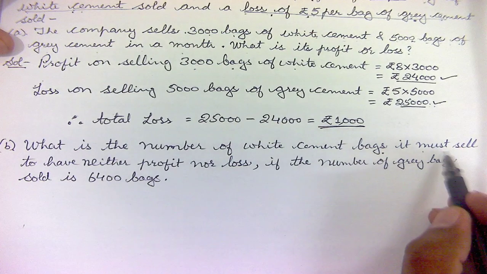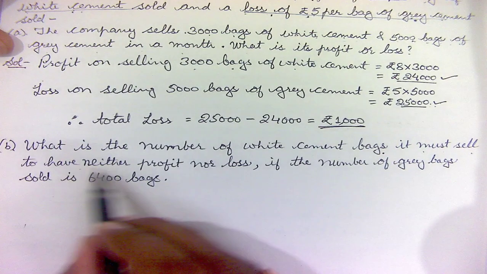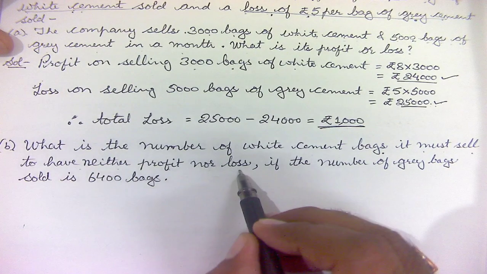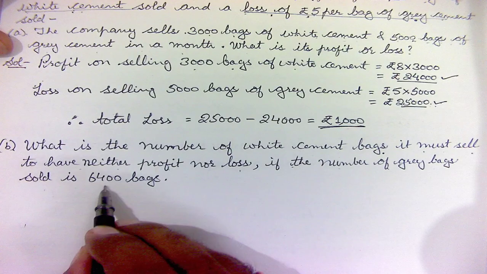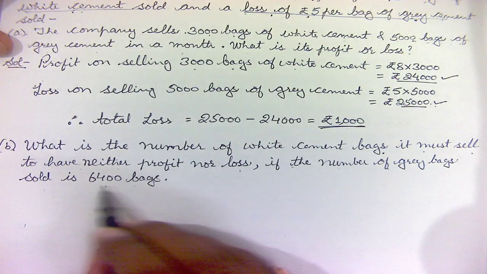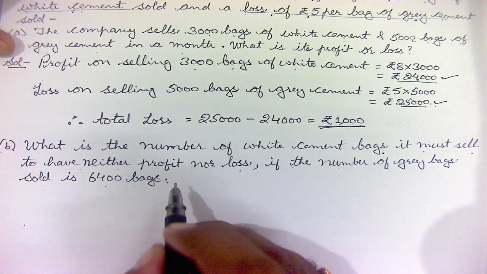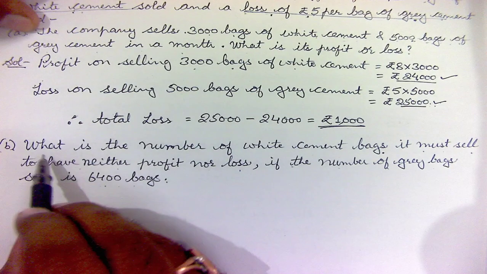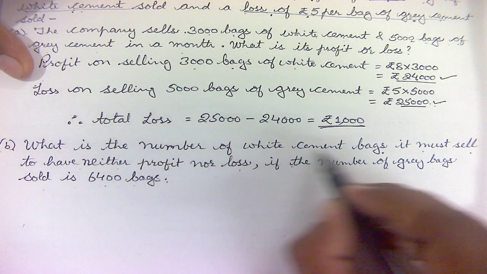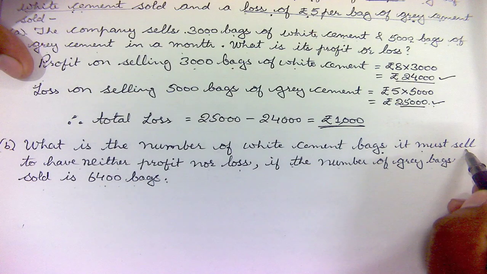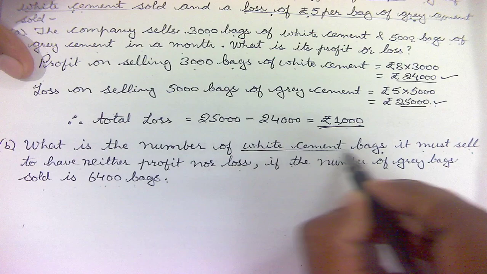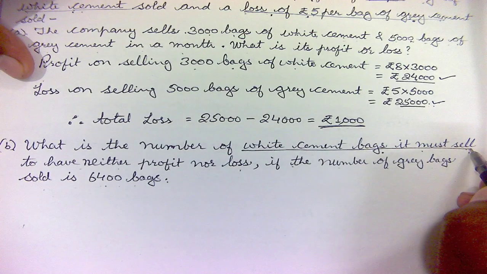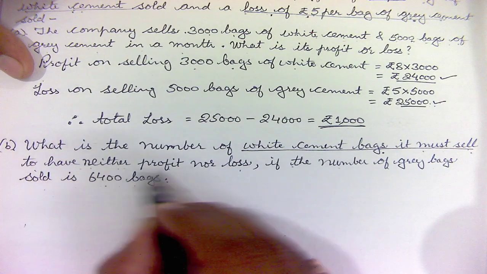Now the second part says, what is the number of white cement bags it must sell to have neither profit nor loss if the number of grey bags sold is 6,400 bags. Now understand this question. You are asked, how many white cement bags the company has to sell to have neither profit nor loss.